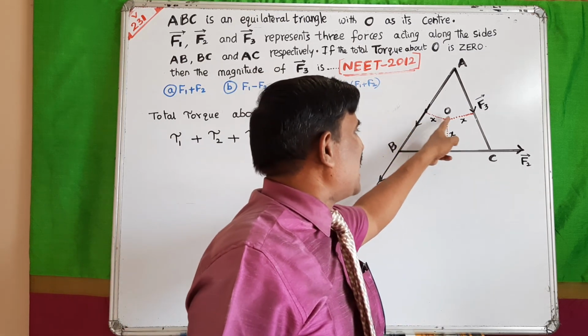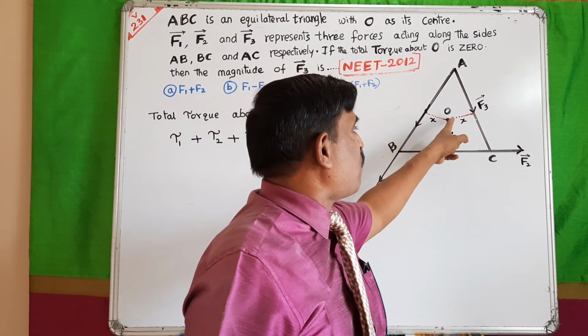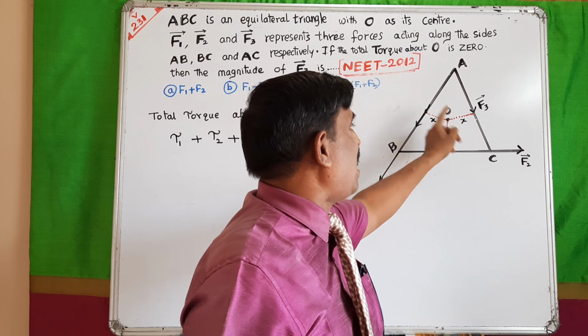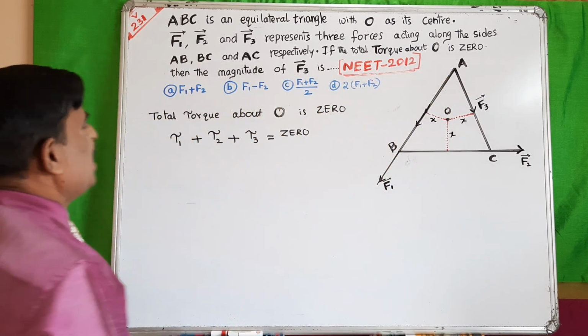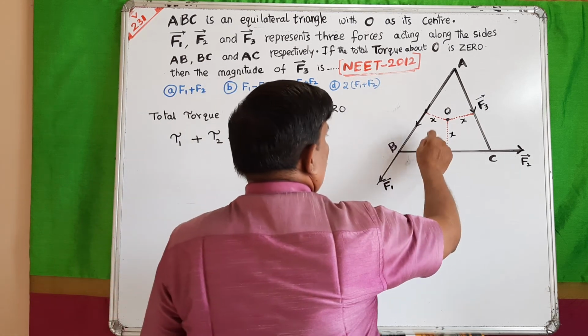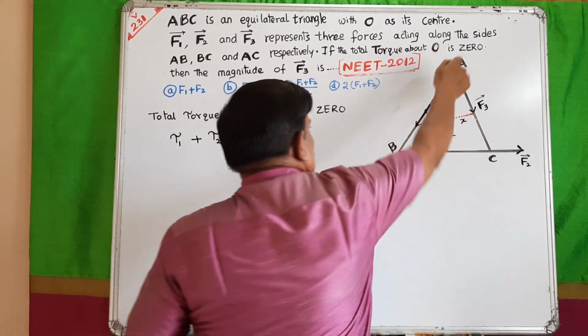x represents the distance of the center of the triangle from the side of the triangle. Now please listen. Here, I am talking about the torque due to the F1 force.